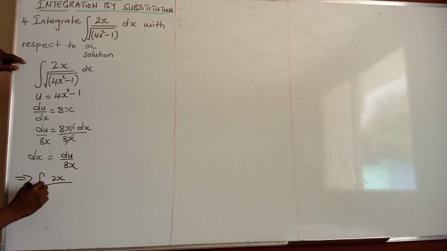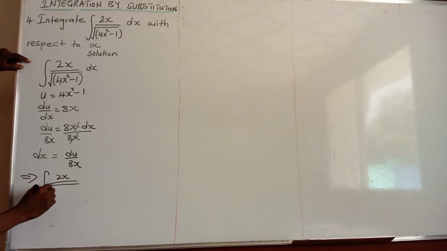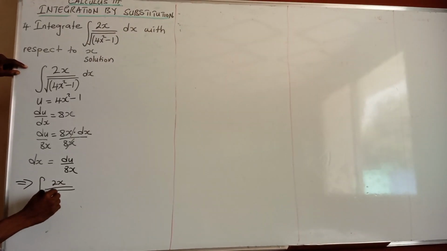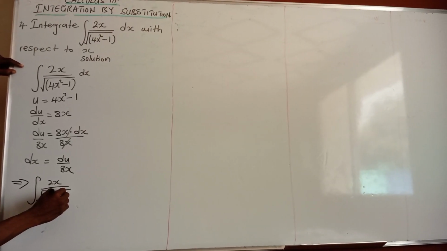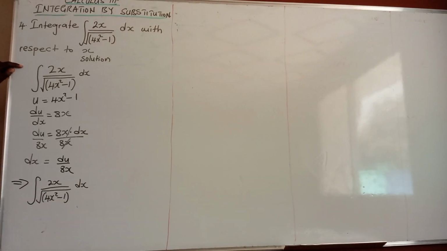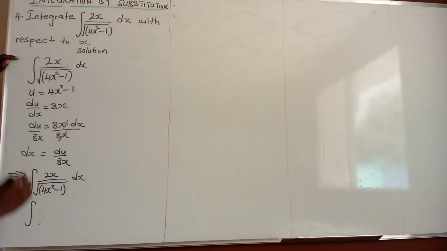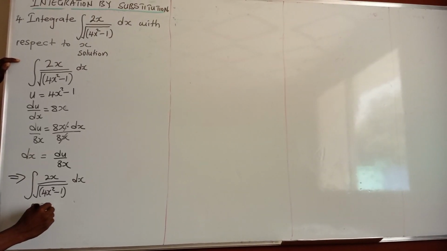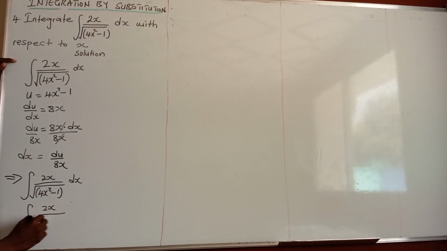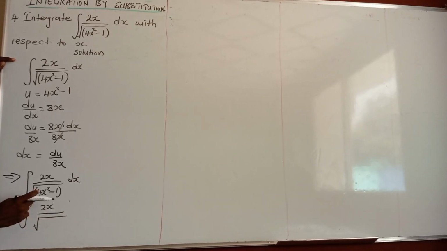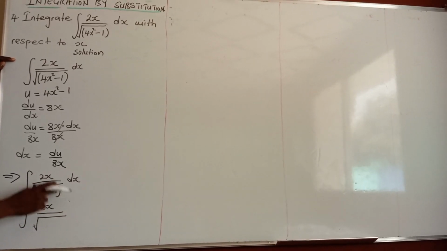Right? So from this point, the integral of 2x all upon the square root of bracket open 4x squared minus 1 bracket close dx. So the integral, we have 2x, but we like this 4x squared minus 1 to be equal to u.